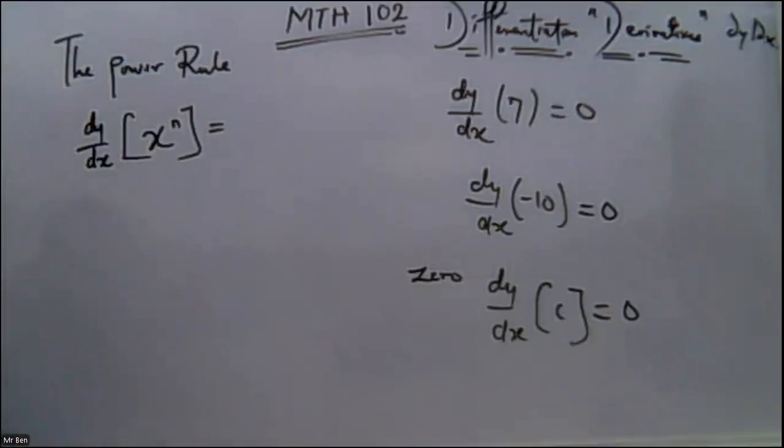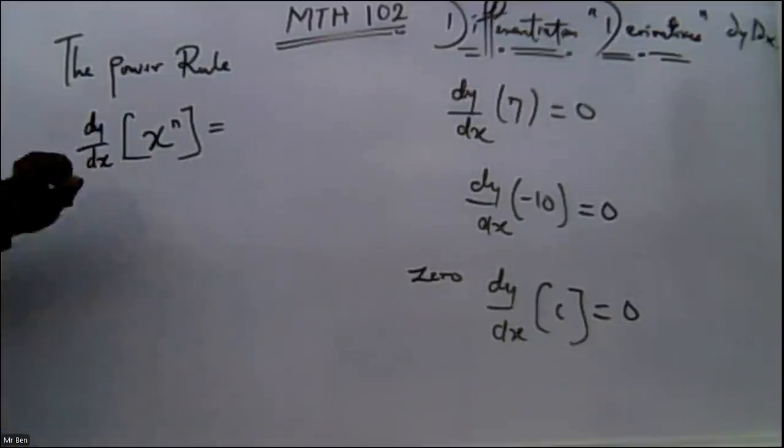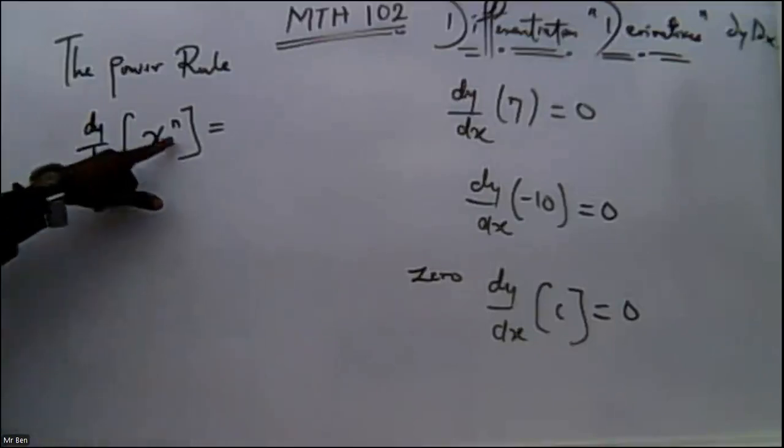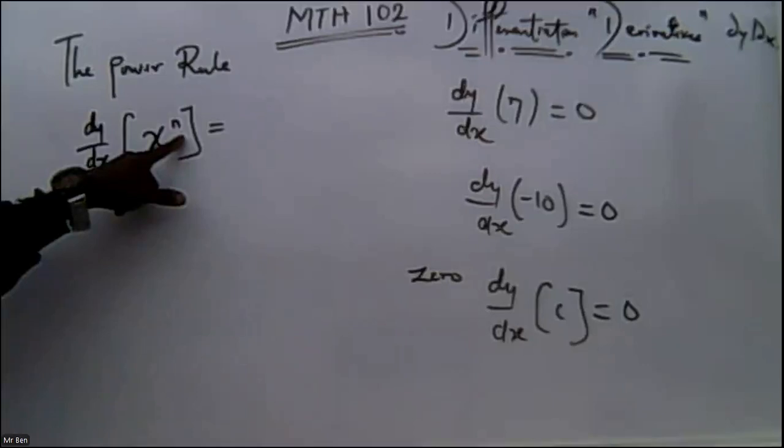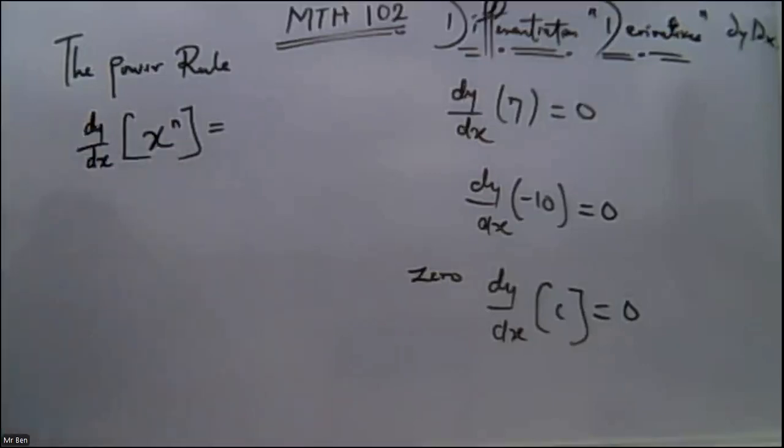If you are to differentiate x raised to power n, you are to subtract 1 from the exponent and multiply it with the function.